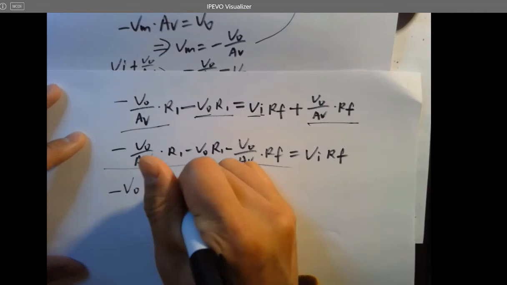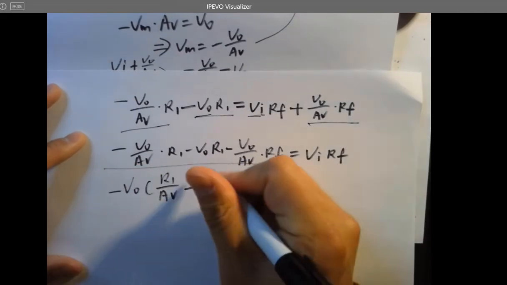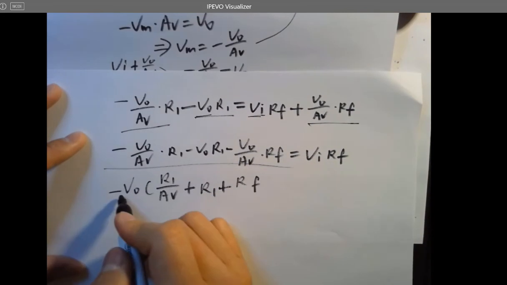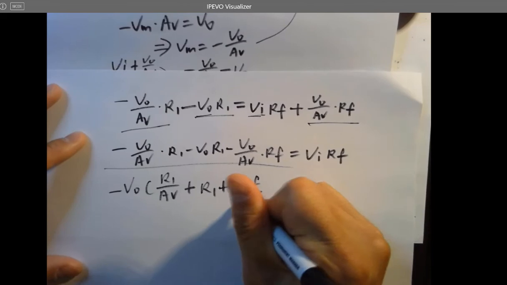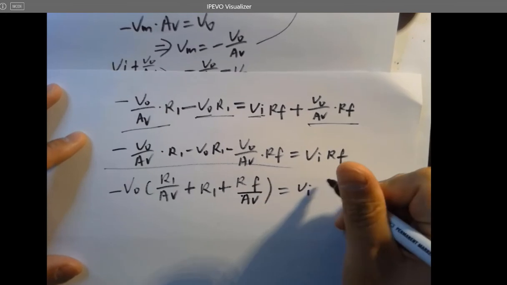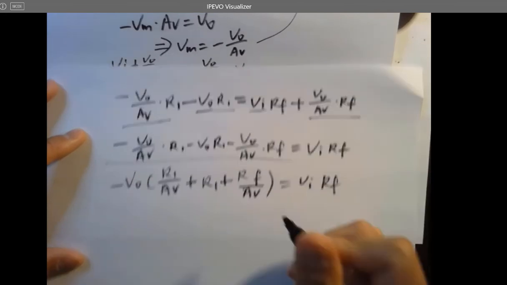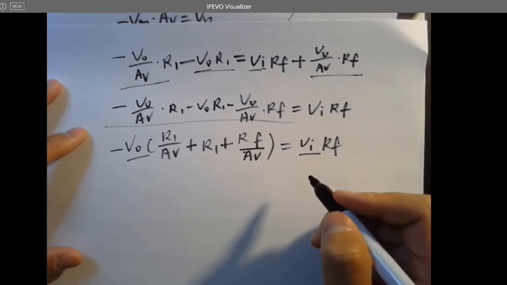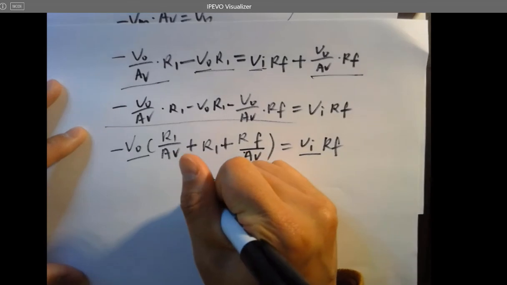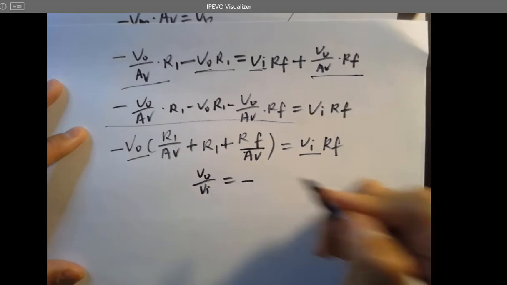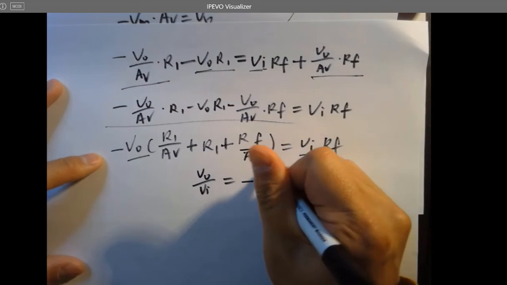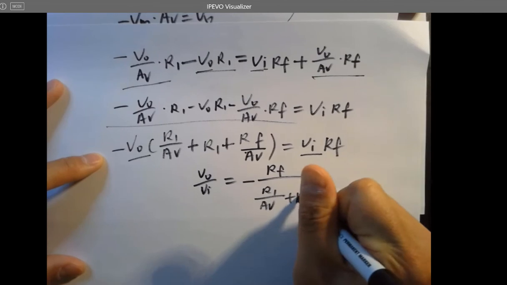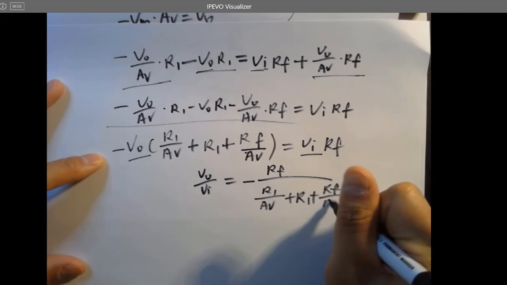So you are having R1 over AV plus R1 plus Rf over AV equals Vi times Rf. So we eventually have these two terms separated from all these terms. So Vo over Vi equals minus Rf over R1 over AV plus R1 plus Rf over AV.